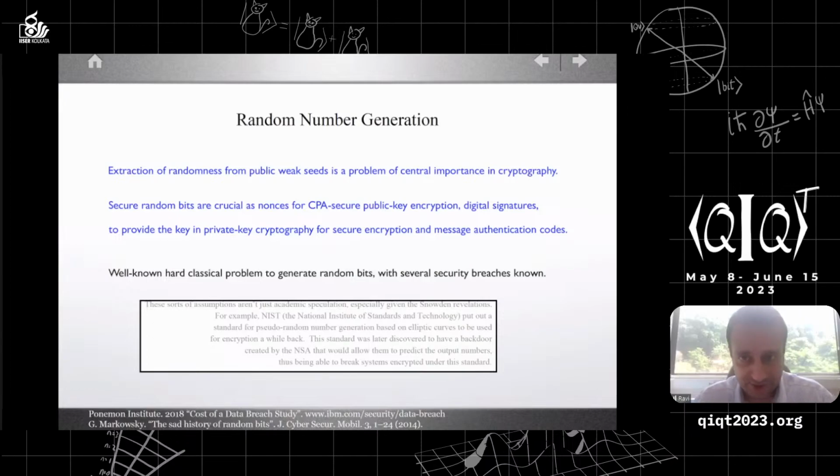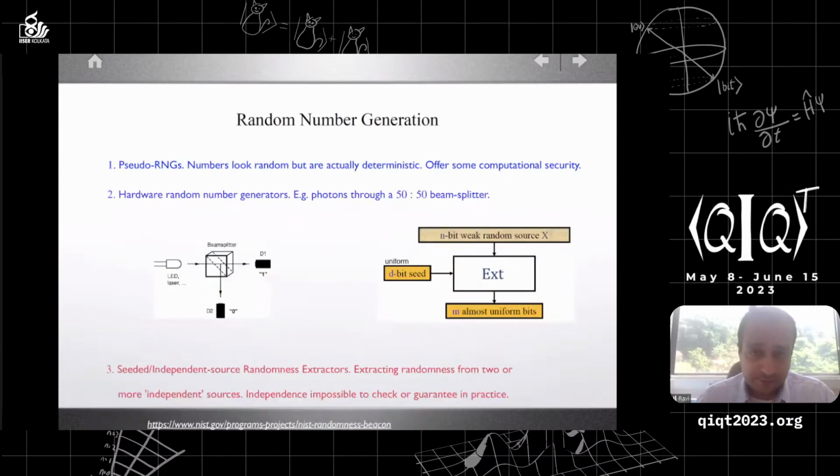In particular, in the setting of classical cryptography, random number generation is achieved either through pseudo-RNGs, which are deterministic functions that output some bits starting from a seed, but because these are deterministic functions, the numbers only look random, so they can only offer what is called computational security, which means security against an adversary who has limited computational power.